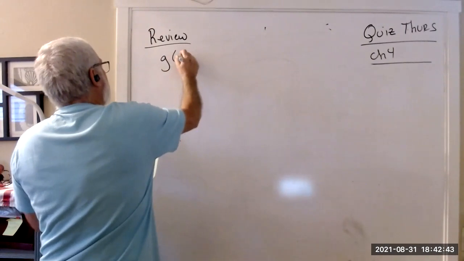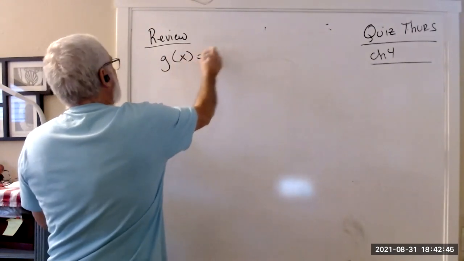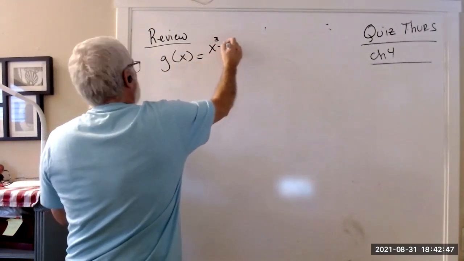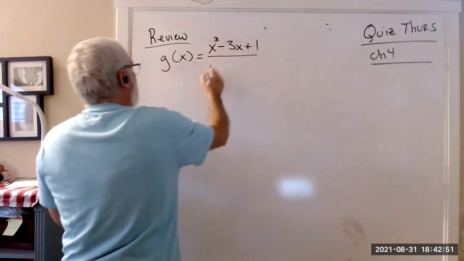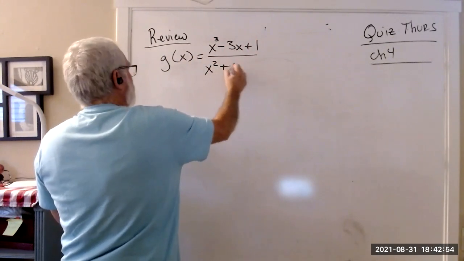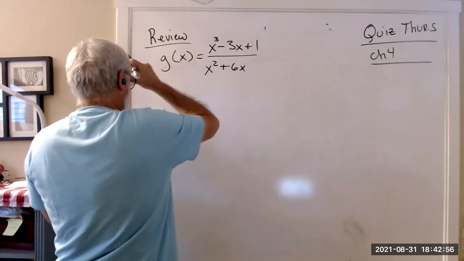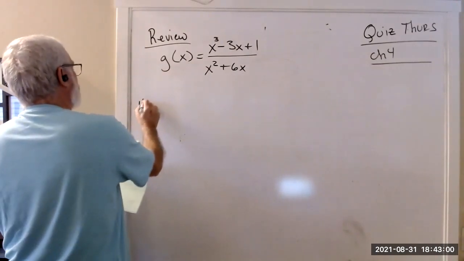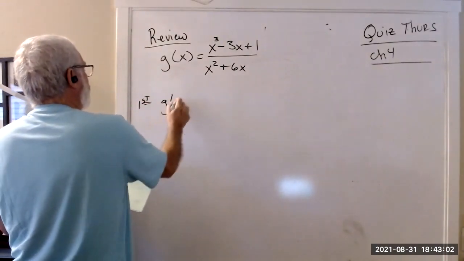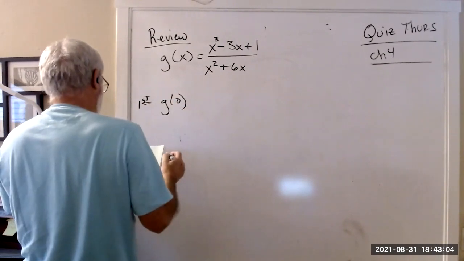suppose I define a function g of x is x cubed minus 3x plus 1 divided by x squared plus 6x. Okay? First thing I want you to do is find g of 0.